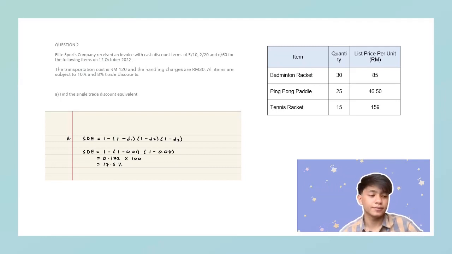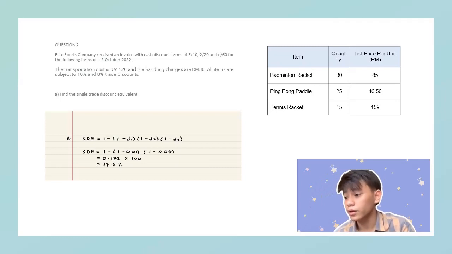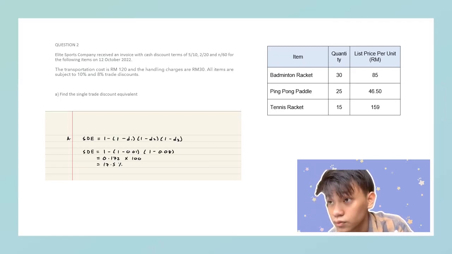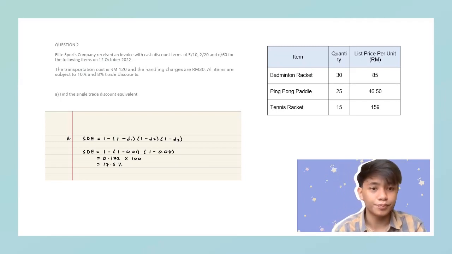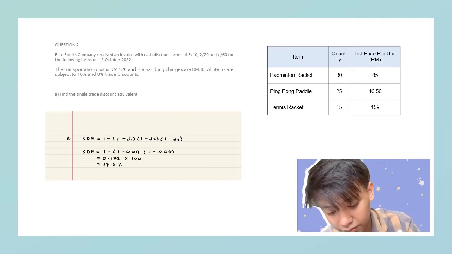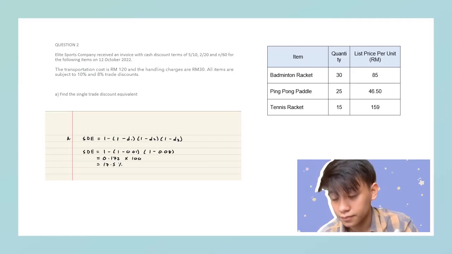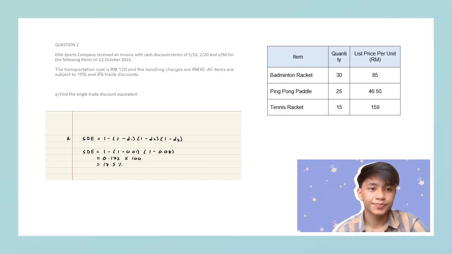So we calculate and we will get 0.172. We need the answer in percent, so we times it by 100, and the answer will be 17.5%.